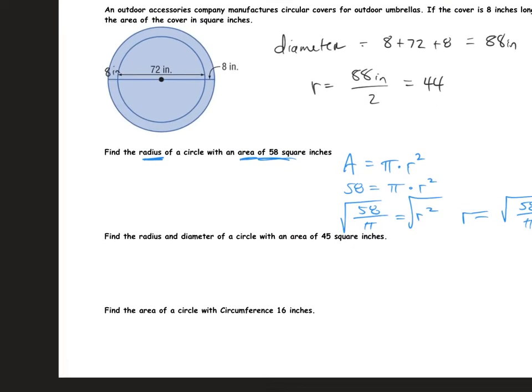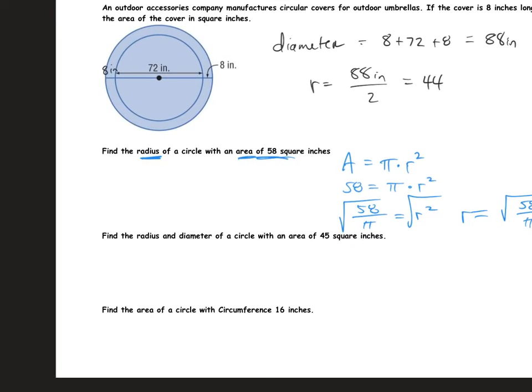Again, if I want to find the radius and diameter with an area of 45 square inches, I'm going to start off with my area formula. Area is pi times radius squared. 45 is the area. Pi times radius squared. So again, r squared will equal 45 divided by pi.